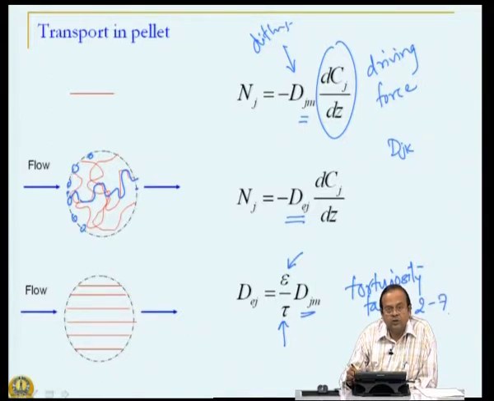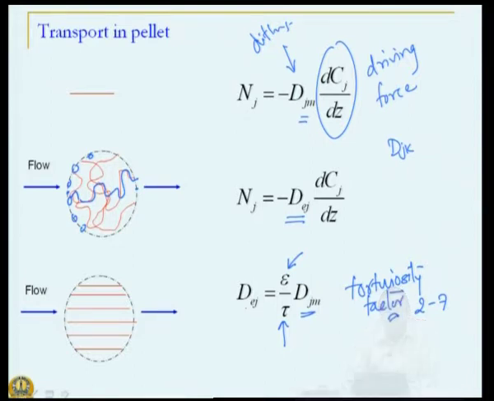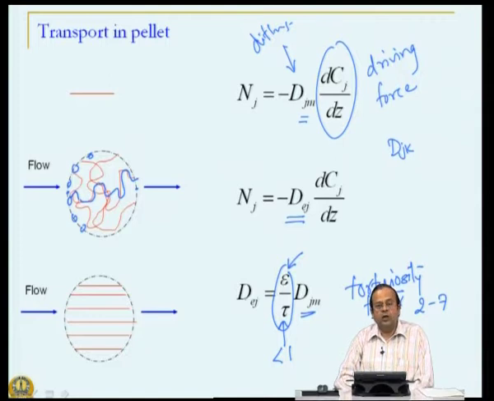So, what it means is that the actual effective diffusion coefficient is lower compared to the bulk diffusion coefficient because of two things: epsilon, void fraction, which is less than unity, and tortuosity factor, which is greater than 1. Both these will contribute to this fraction being less than 1, and therefore, the actual diffusion coefficient is something less.